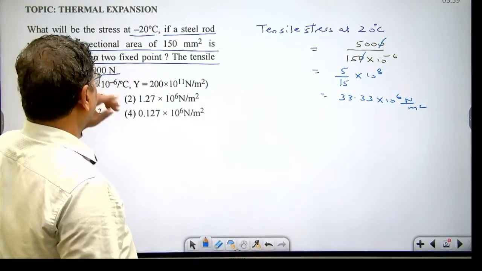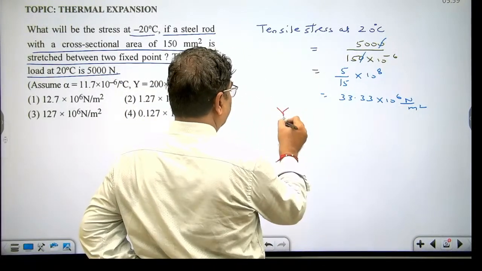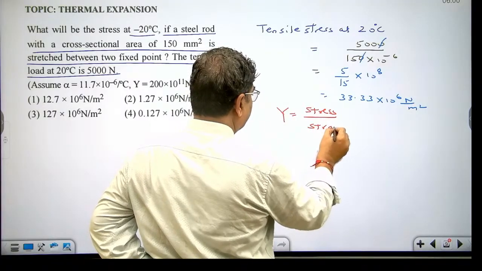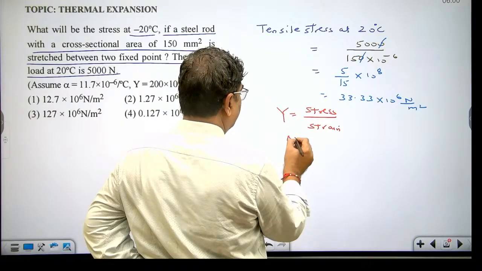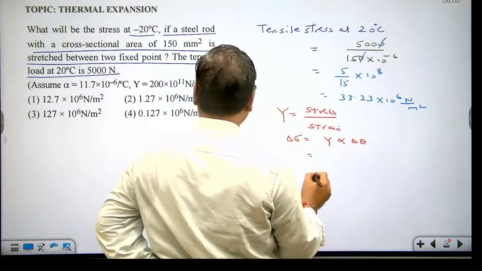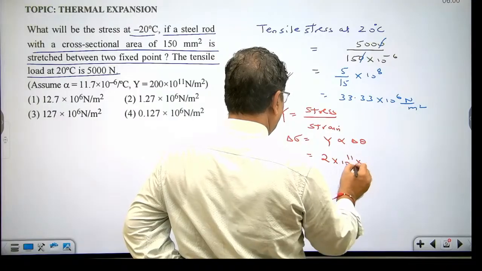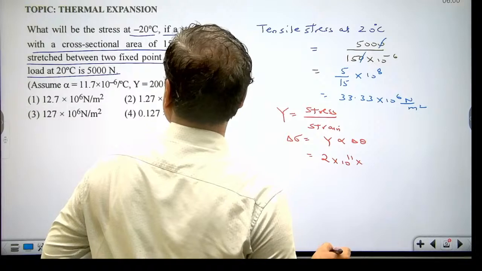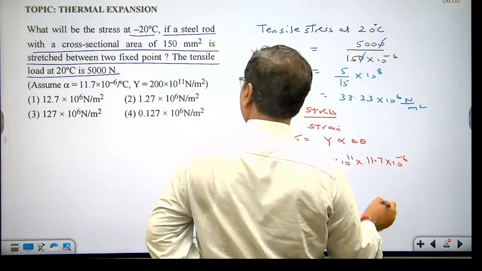Now, due to change in temperature, we are looking at the equation of Young modulus. Young modulus is stress upon strain. So thermal stress will be equal to change in thermal stress, which will be equal to Y alpha delta theta. So, dear student, in the question, Y is given 2 into 10 power 11, alpha is given 11.7 into 10 power minus 6.